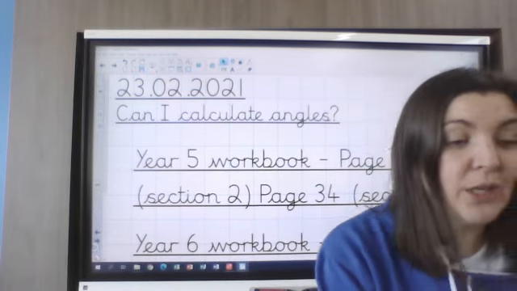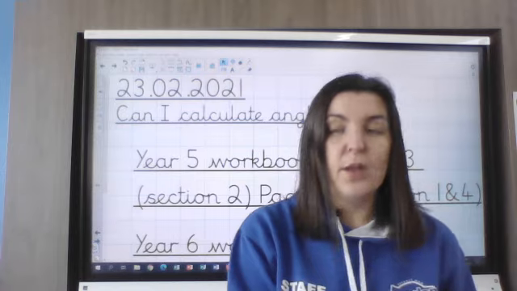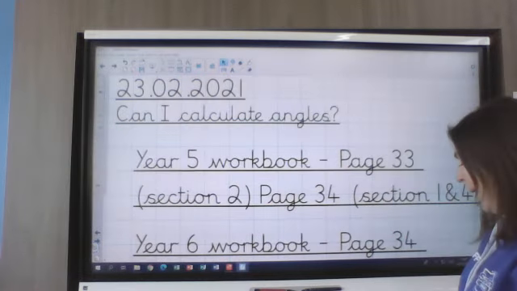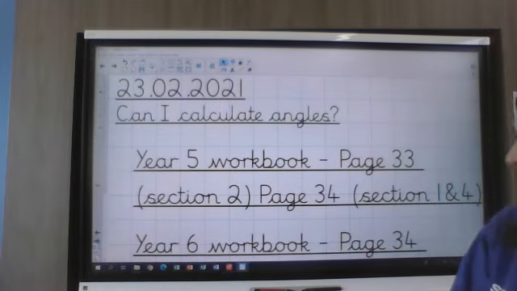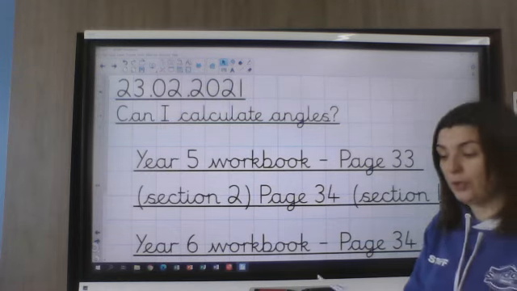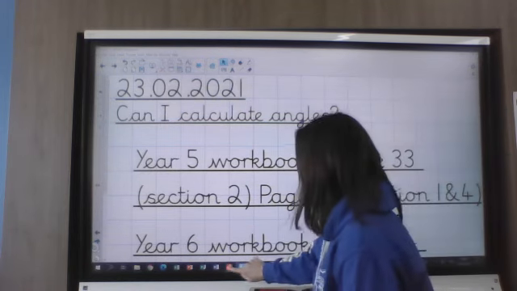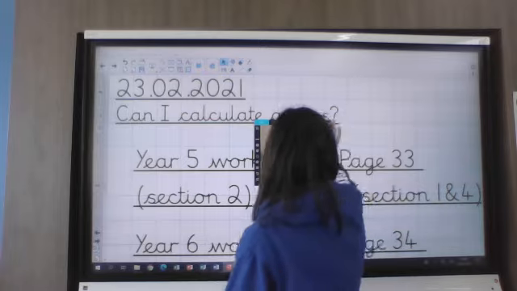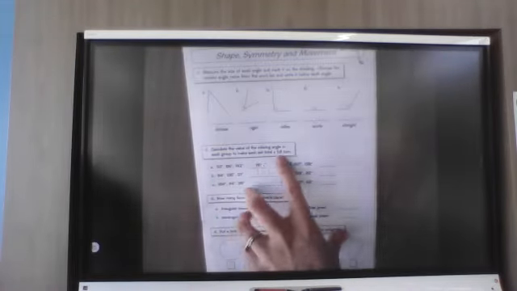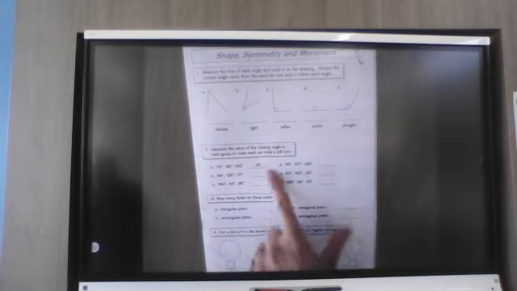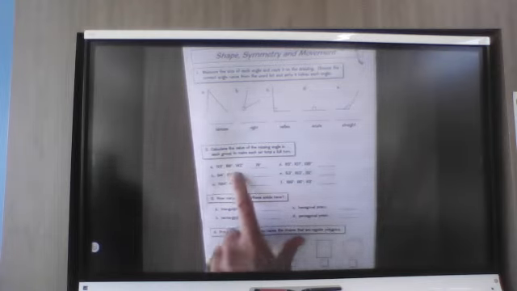So out of your Year 5 book, you are going to be doing page 33, but just section 2. So it's page 33, section 2. So I'll show it to you. So page 33, section 2, that's this one here.